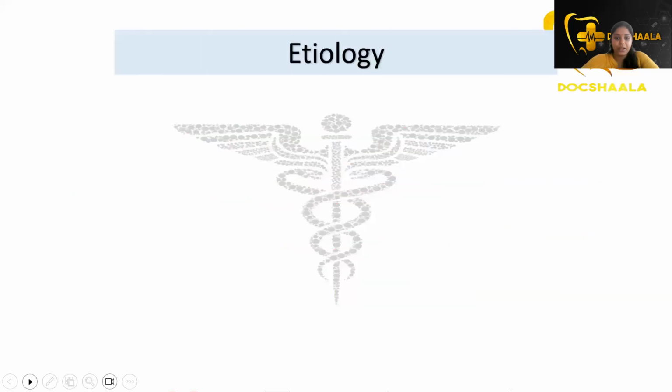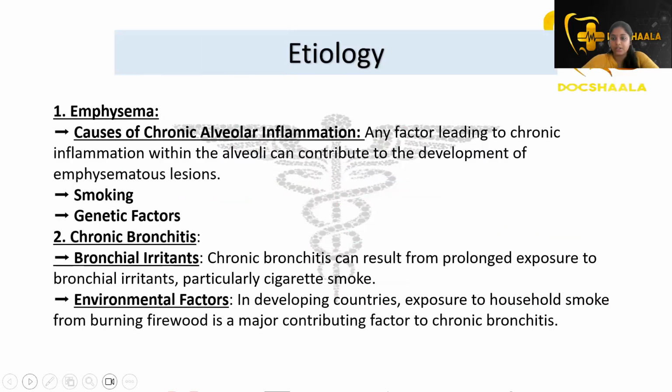Then coming to the etiology. First of all, the causes of emphysema include chronic alveolar inflammation, any factor which leads to chronic alveolar inflammation that contributes to the development of emphysematous lesions, smoking, and some genetic factors.